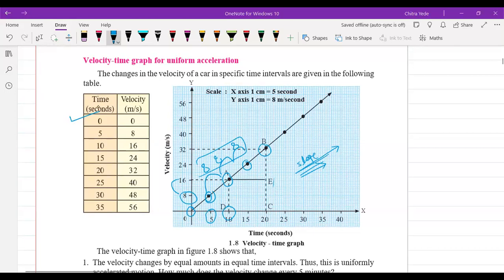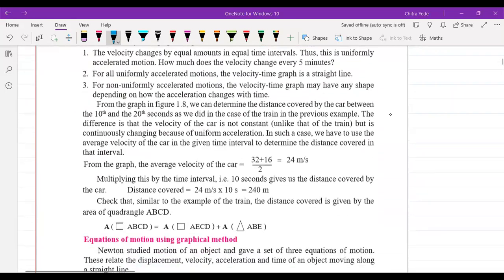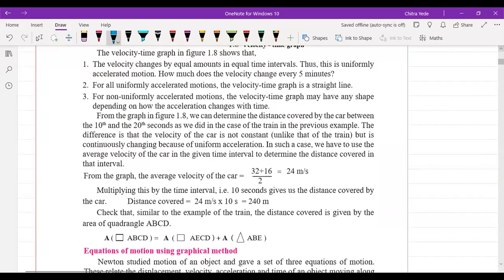Second, done? And these are the points. Can you show it again? Just take a third screenshot for the velocity time graph for uniform acceleration. Done.